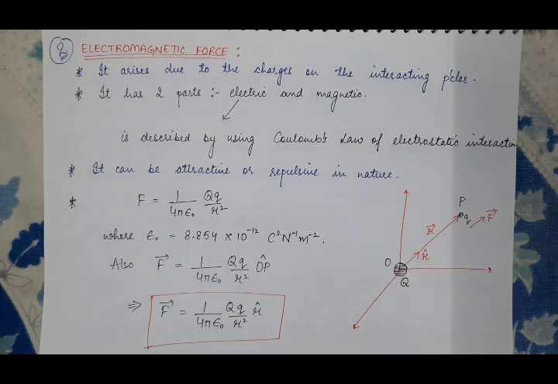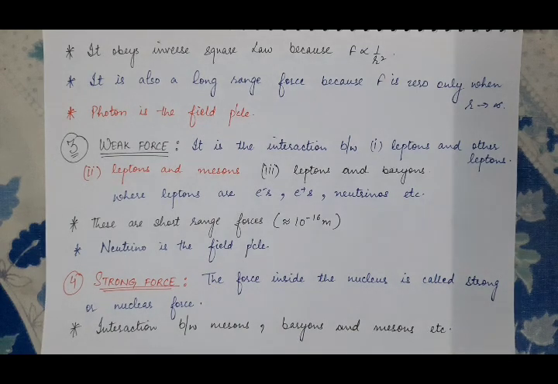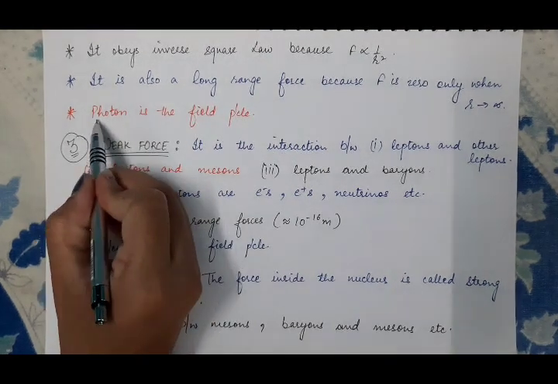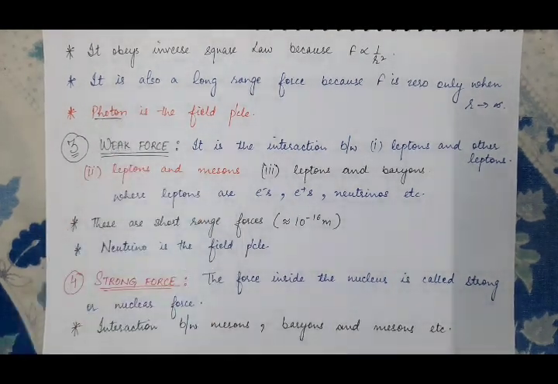It obeys the inverse square law. And the field particle, the particle because of the exchange of which this electromagnetic interaction takes place, is the photon. Photon is the field particle in this case.